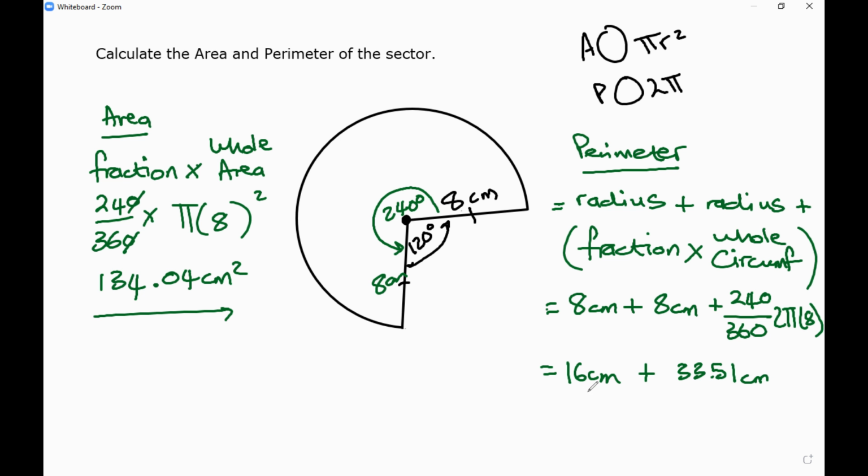We're working with perimeter, so plus 16 after this, comes to 49.51 centimeters in total as the perimeter. So those are my two answers there, rounded to two decimal places.